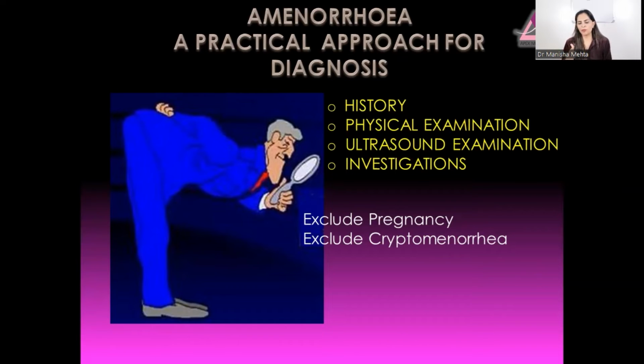Very important, we have to rule out pregnancy. Cases have been seen that there have not been periods, and before the first period, a pregnancy was taken. So you cannot say that the pregnancy is not there until and unless you have ruled it out. Then second important thing, we have to rule out cryptomenorrhea. Before we start anything, just make the patient lie down, see if the tract is working or not.